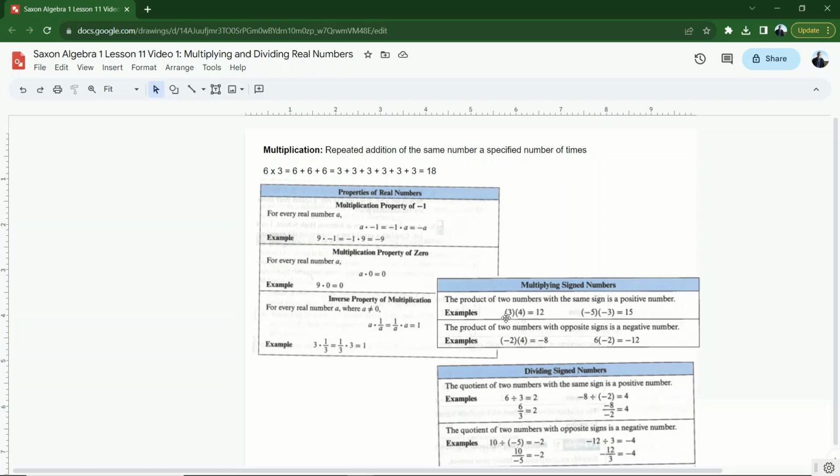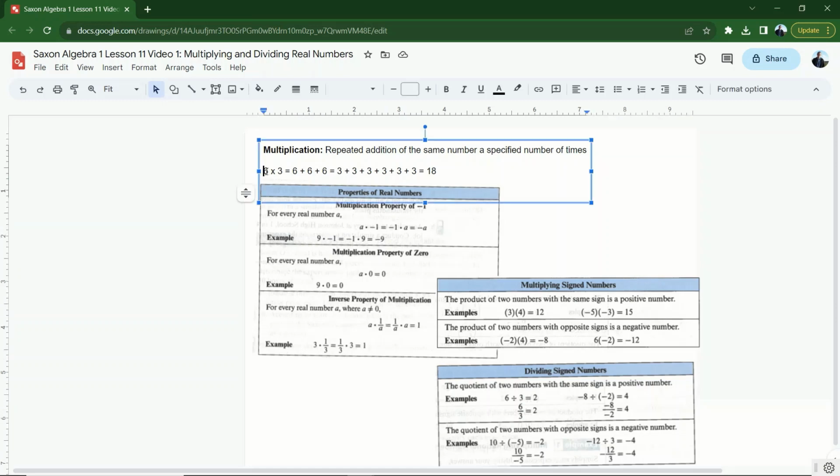So 3 times 4 can be shown this way, or it could be shown with a dot, and then sometimes you have it this way that I have up here. Although I included this, the book didn't include this because this one's kind of falling out of favor as you get further along in algebra. So you don't really see the X times symbol used anymore in algebra. It's going to be this dot symbol or just numbers right next to each other like this. This means 3 times 4 when you see numbers in parentheses right next to each other.